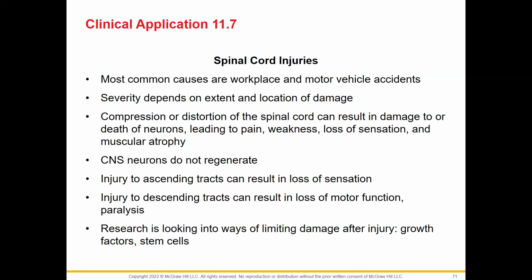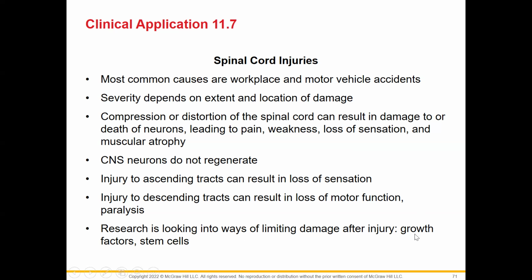After spinal cord injury, the damage in the tissue, the repair of the tissue, all of that can result in the injury. So if research can find a way to limit that damage so that those tissues can try to heal, then those cells can regenerate. At least that's the hope.